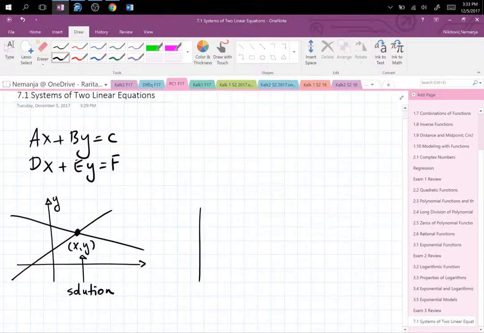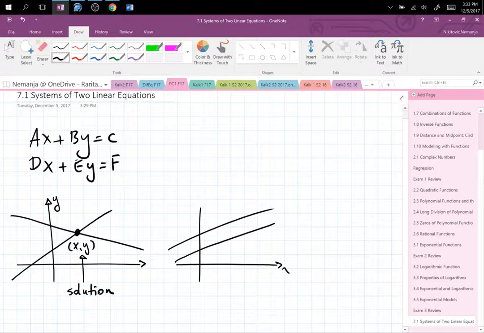The lines could end up being parallel. If you have parallel lines, they never intersect, in which case we have no solution, because they don't intersect at any point that we see.